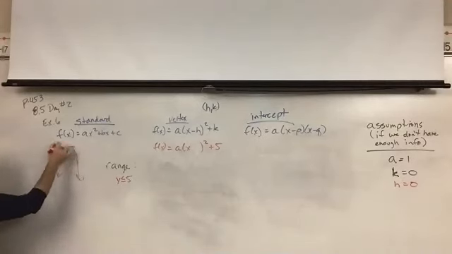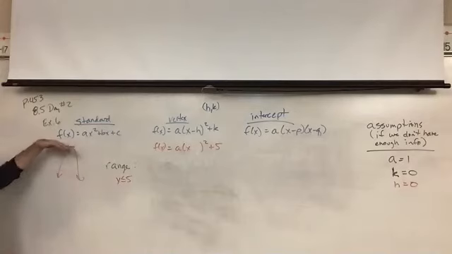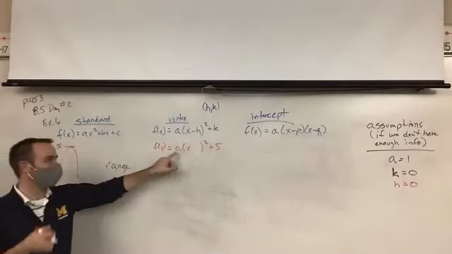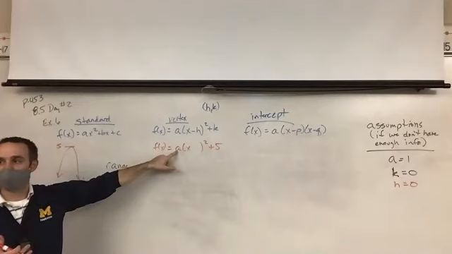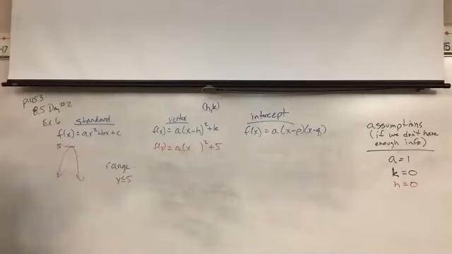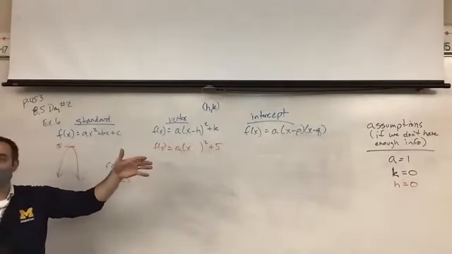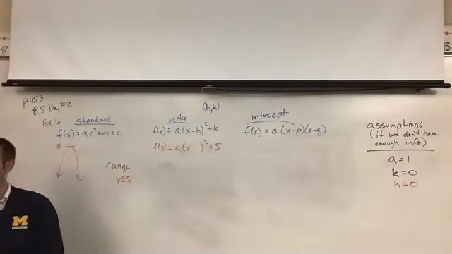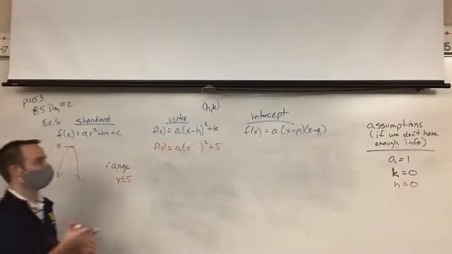If here's 5, y is less than or equal to that, it's opening down, which means my a value has to be negative. We've talked about that. So if my a value has to be negative, I'm not going to plug in a 1. Plug in a negative 1. Just make it negative.